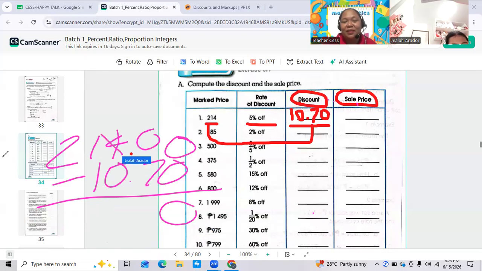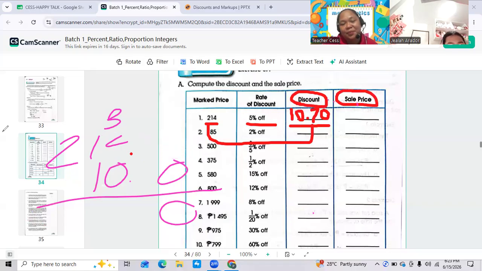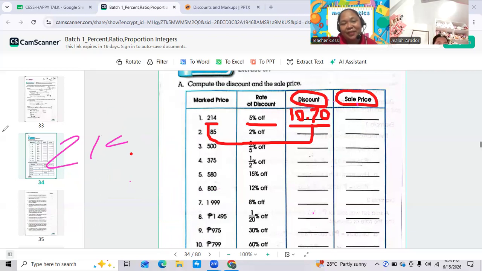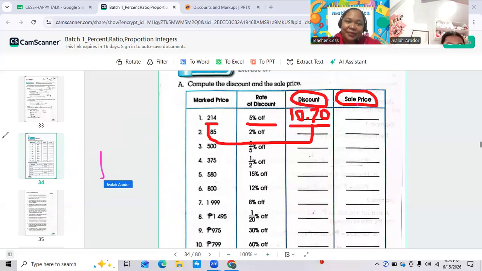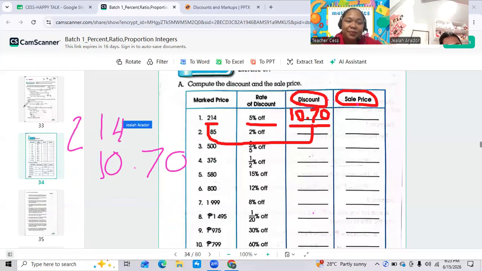I'll put decimal point here so that you cannot be confused.